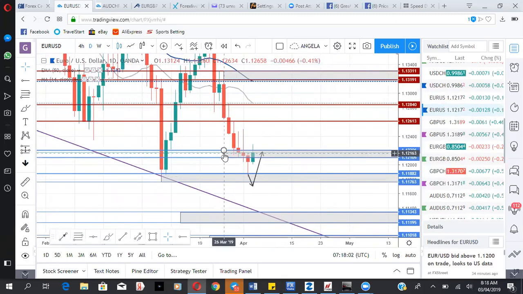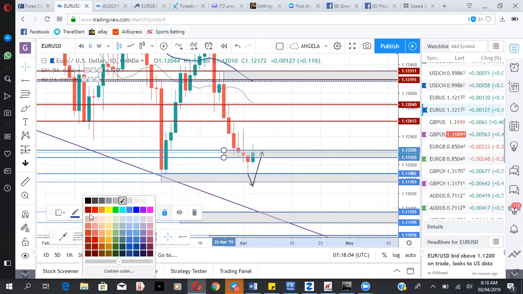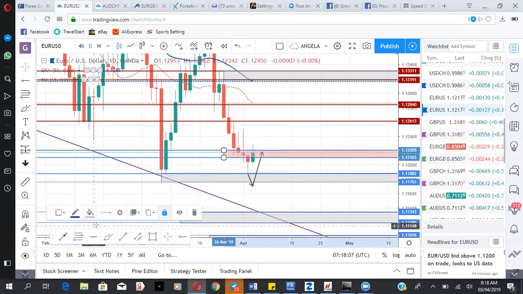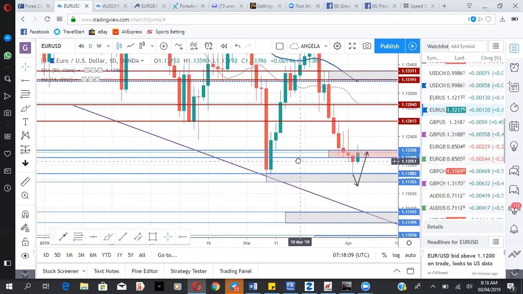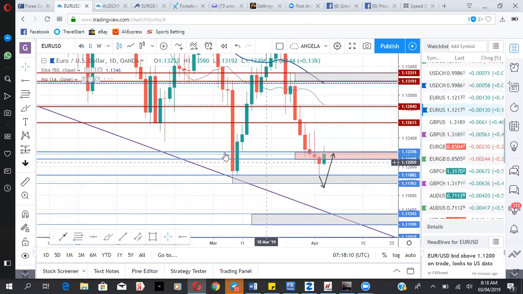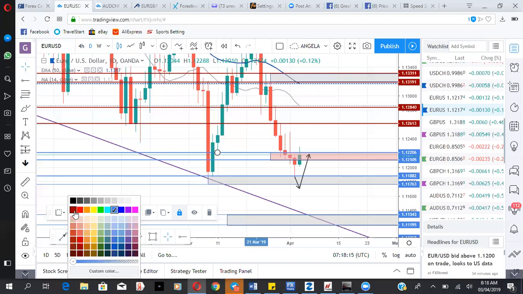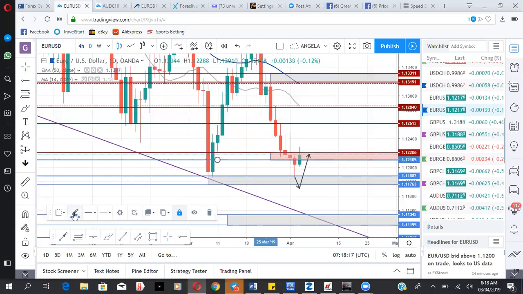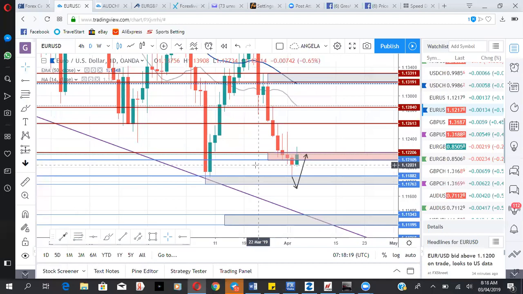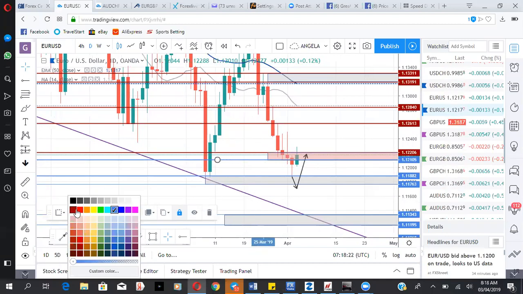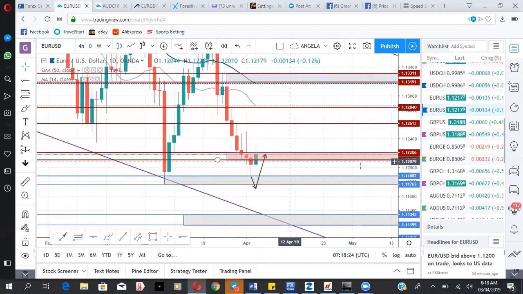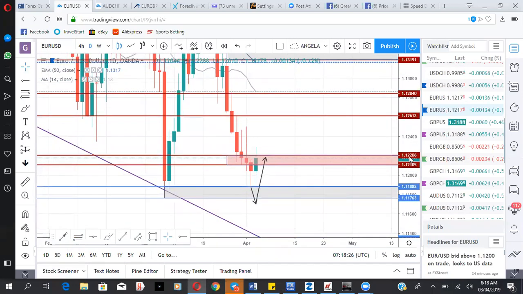Let me shade this area red. The area comes in between 1.1220 and 1.1210.